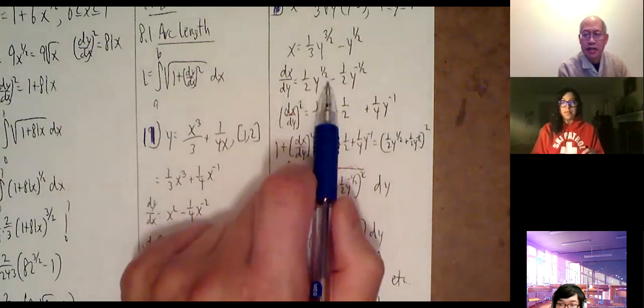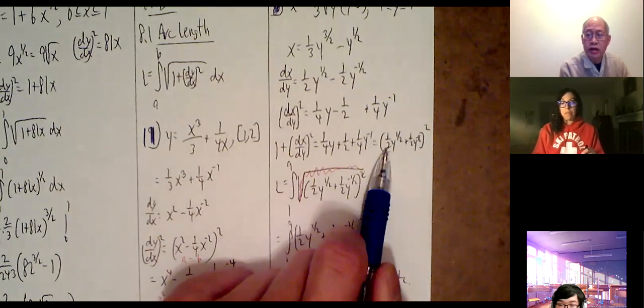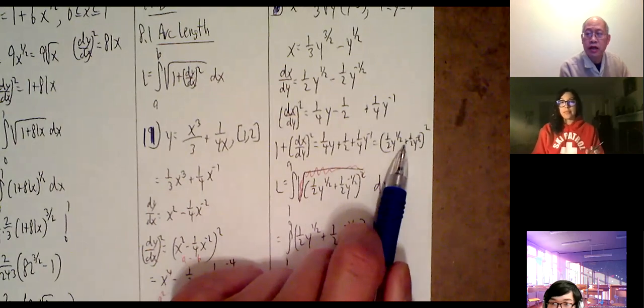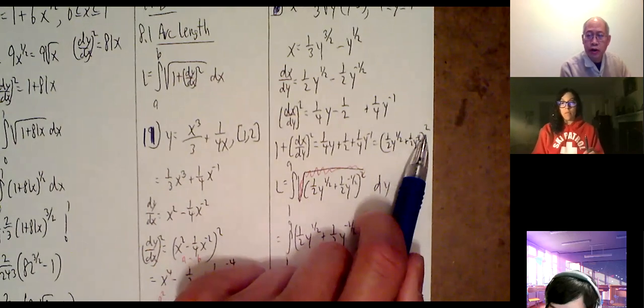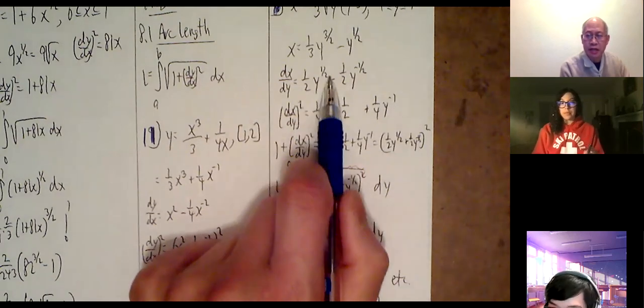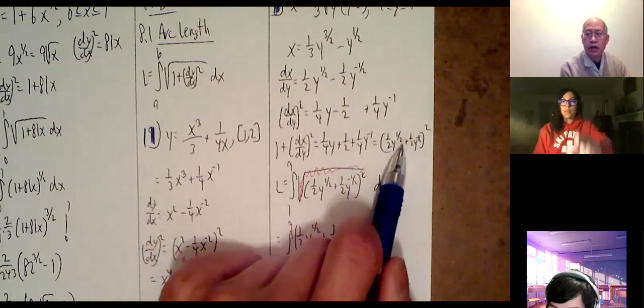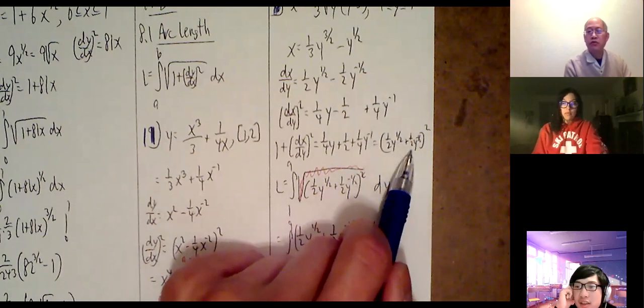It's exactly the same as this, except instead of a minus, it's a plus. So this stuff factors into 1/2 y to the 1/2 plus 1/2 y to the negative half, squared.